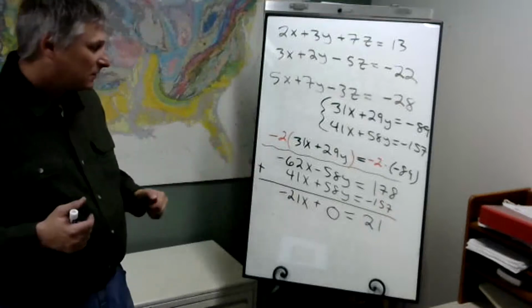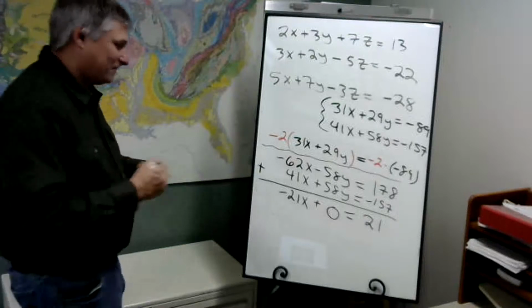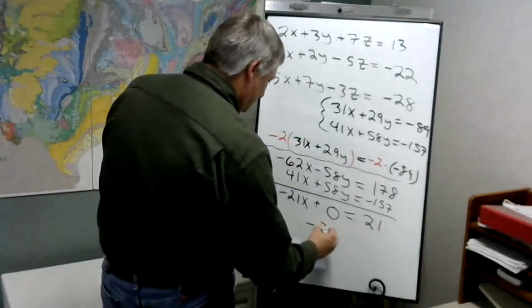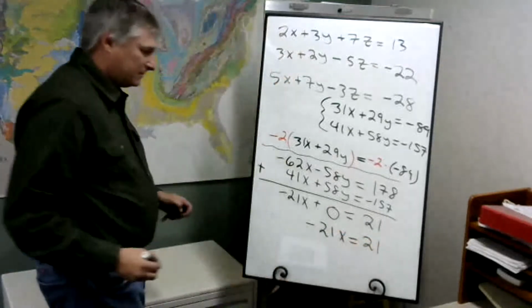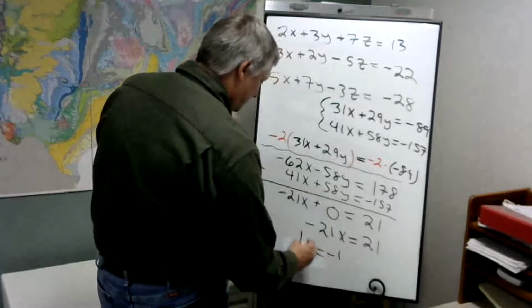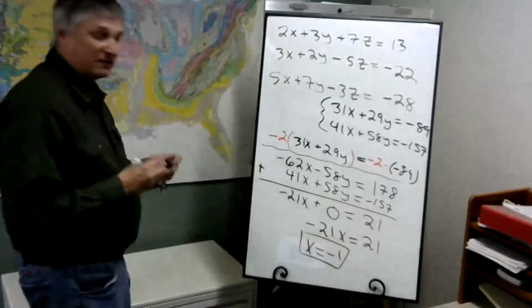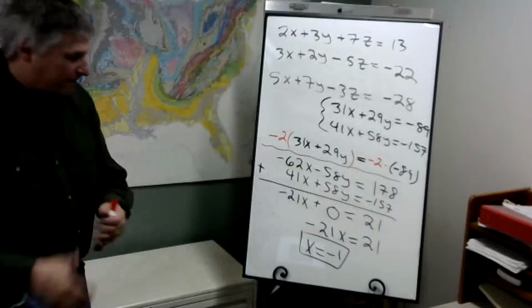You'll get 21. So this becomes negative 21x equals 21. Divide both sides by negative 21, we get x is -1. All right, so now we know x is -1.